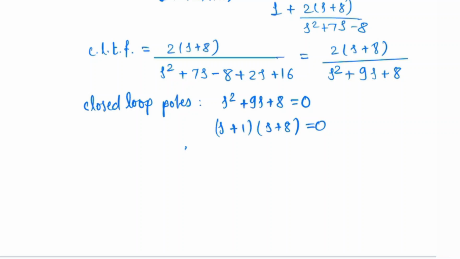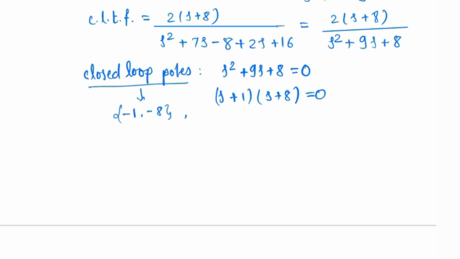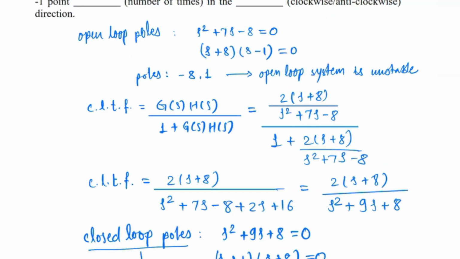So closed loop poles will be minus 1 and minus 8. Right, so here this open loop system is unstable, and the closed loop system is stable.